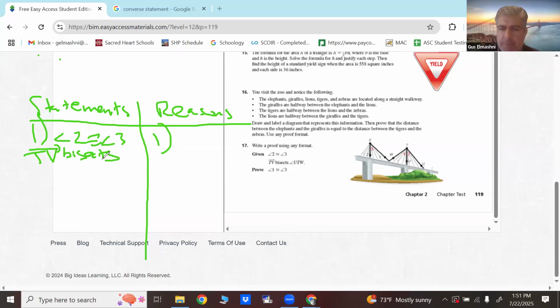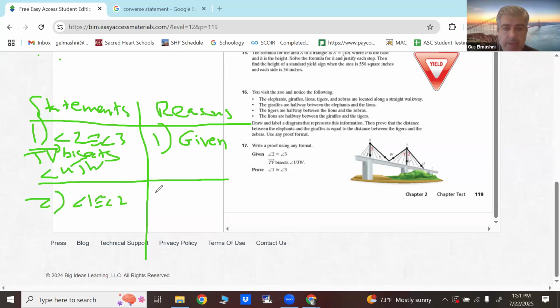Sometimes you can say each given separately, but I'll just do it all at once. Then I'm going to say angle 1 equals angle 2. And that's the definition of angle bisector.